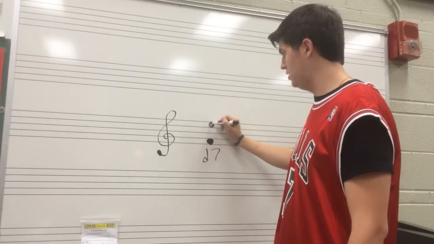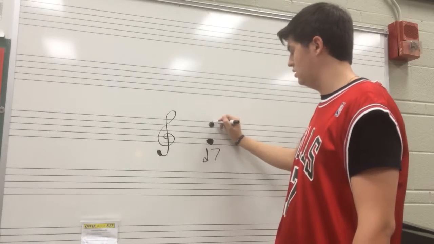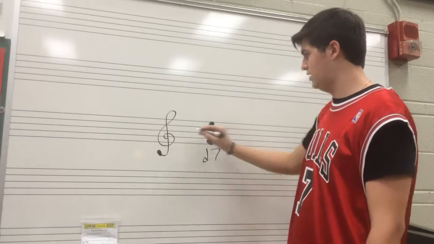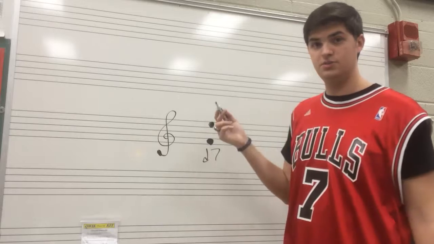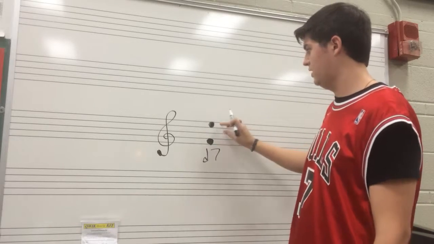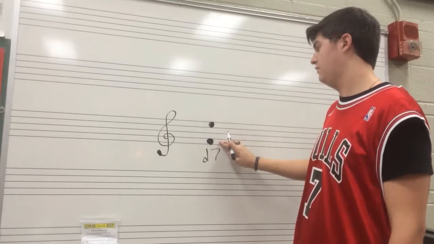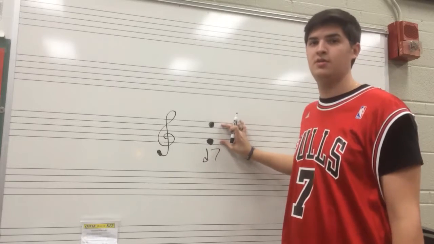So you go up to the E. Now in the key of F, which has one flat, which is B, it doesn't affect the E up here. So E is natural in the key of F. So that would be a major seventh right there.